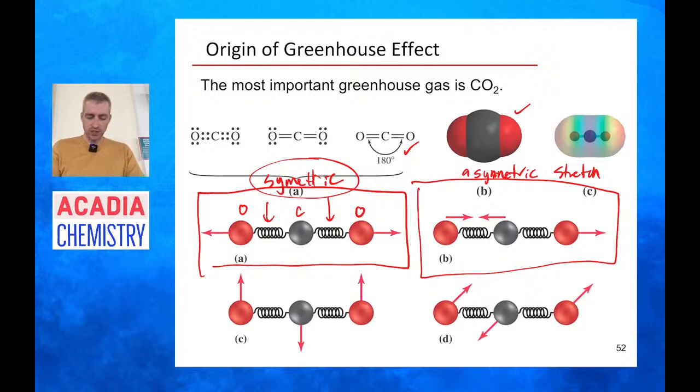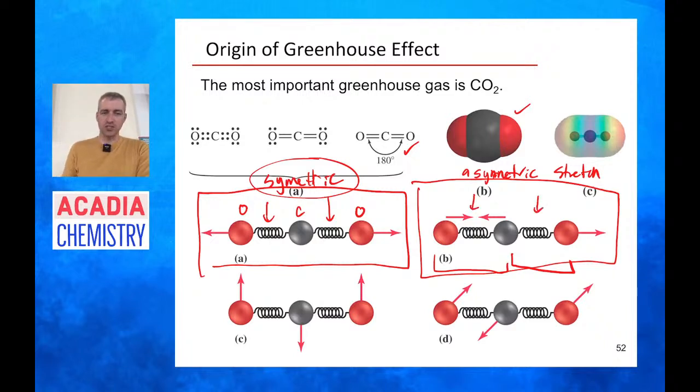The asymmetric stretch has this bond compressing while the second bond is stretching. It's almost like, if the carbon's in the center, the rest of it is going back and forth. So we have compression on one side, expansion on the other, and it vibrates back and forth that way. There's a few other ones that you see here as well, but these two are the most important ones for sure.